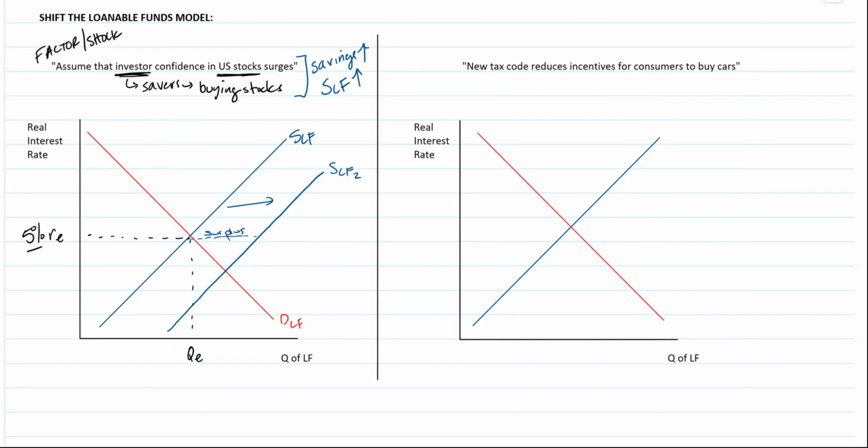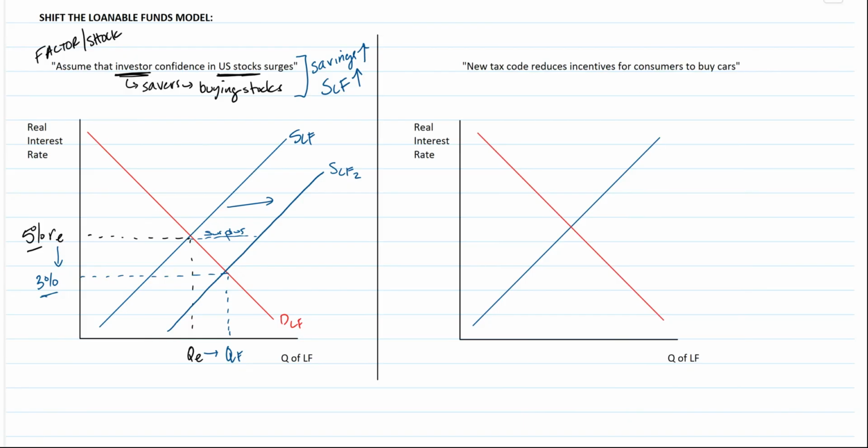And so, of course, the interest rate in this market is going to have to decrease and maybe it falls down to 3%, and our quantity of loanable funds is going to increase. If there are more dollars available at a lower interest rate, then borrowers, the demand for loanable funds, are going to say, of course I'll borrow more money at a lower interest rate.